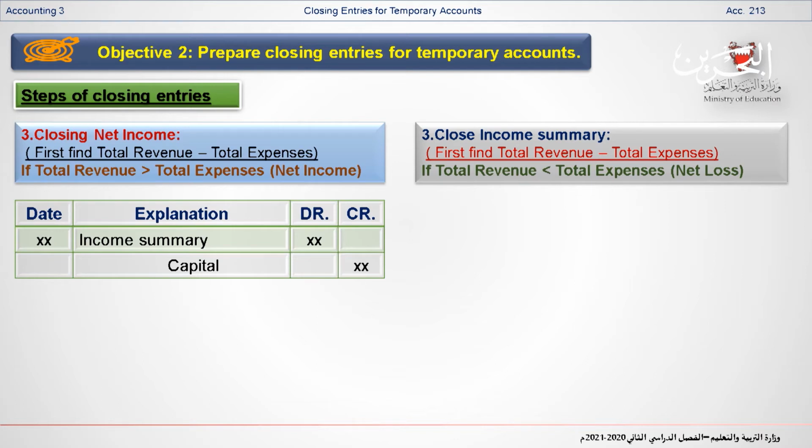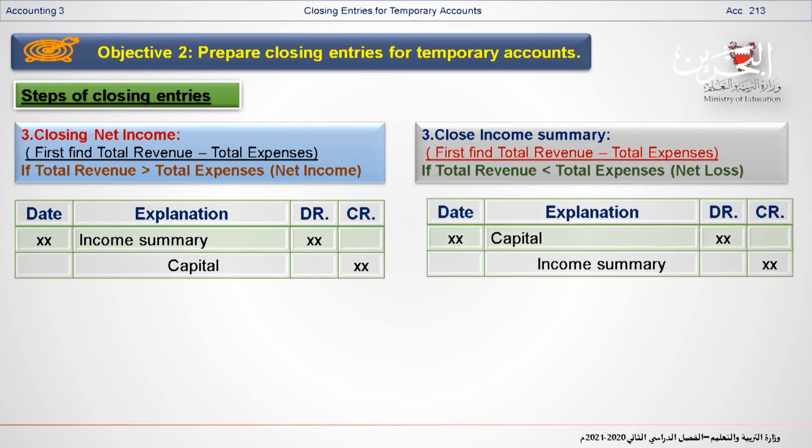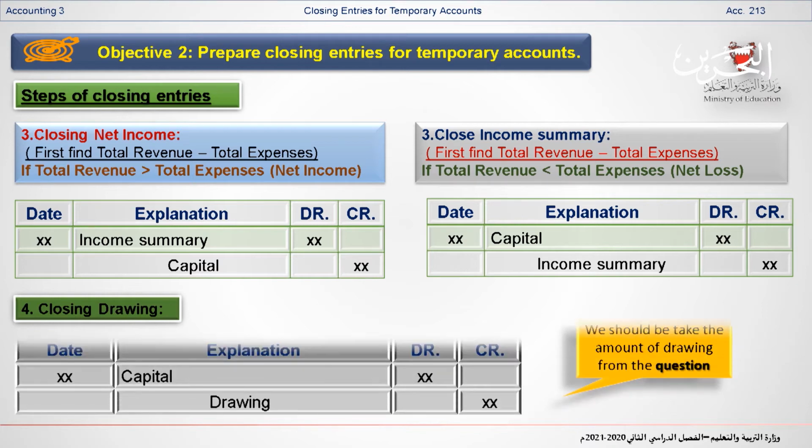But if the company reported a net loss, you have to debit owner's capital for the net loss and credit income summary. The fourth step is to close the drawing account. The journal entry of closing the drawing account includes a debit to the owner's capital account and a credit to the drawing account.